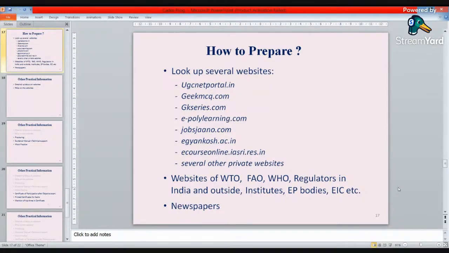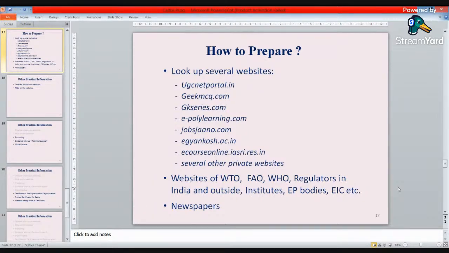To be able to write an essay of 1 page, an analytical essay, look up newspapers, read the editorials. The editorials are a summary of an issue, and the views are presented by the editor.